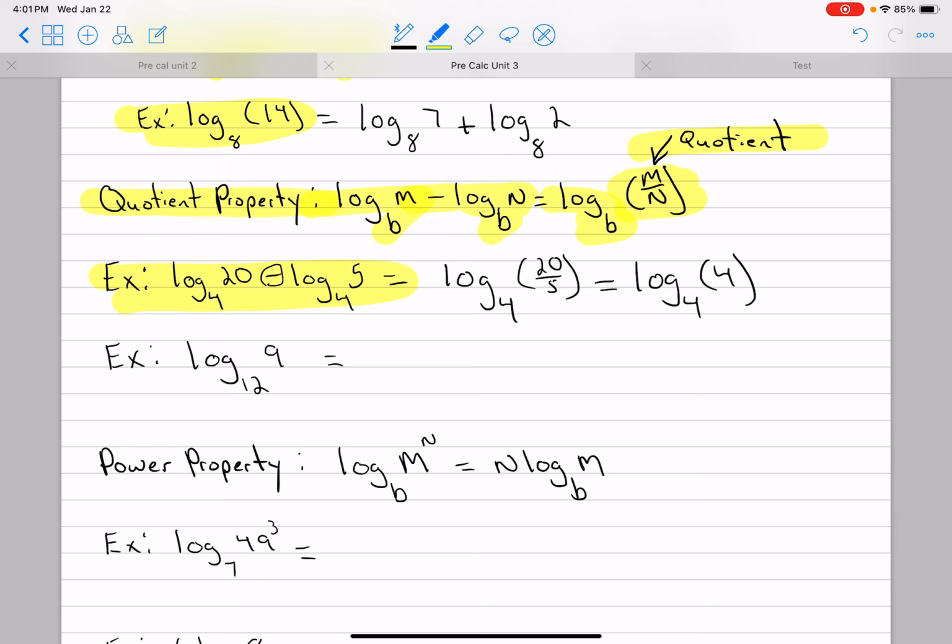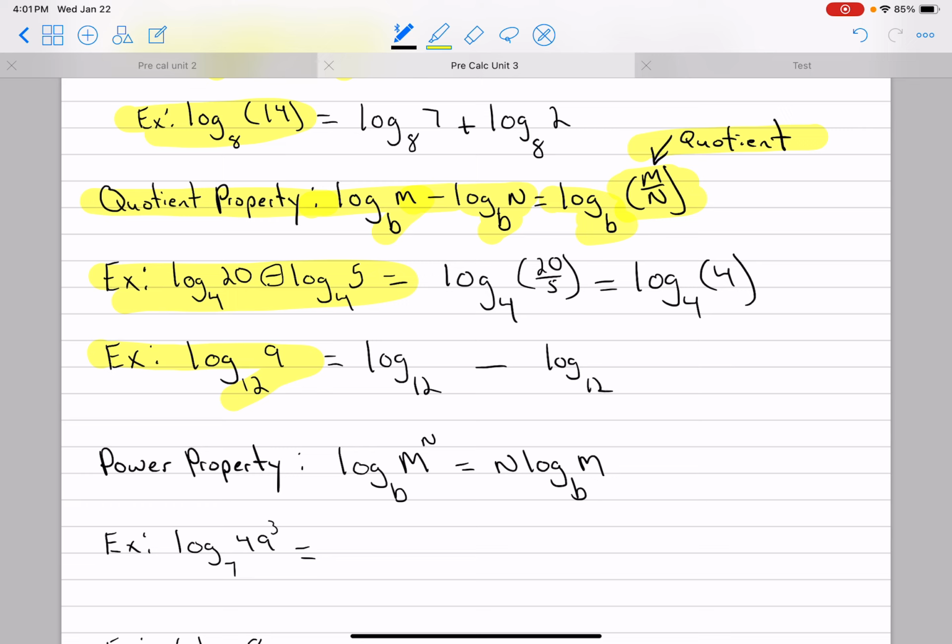All right, so next, we're going to take the log base 12 of 9, and we are going to break that apart using the quotient rule. How could you break it apart? On this one, there are a lot of different ways that you could break it apart. So here's how I broke it apart. I said, okay, I got to have the log base 12 and a log base 12, and I know I have to subtract.